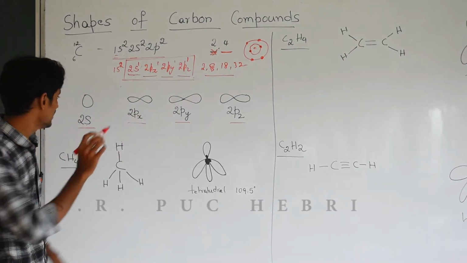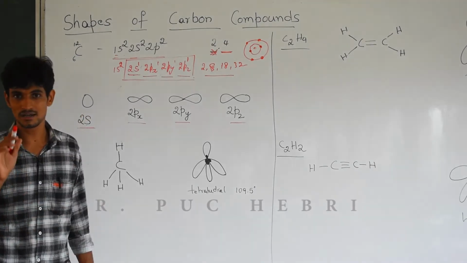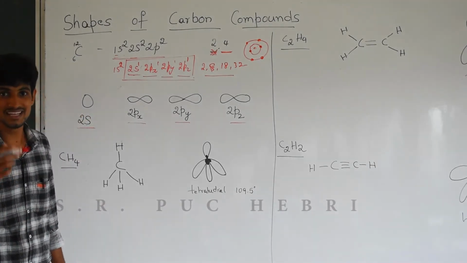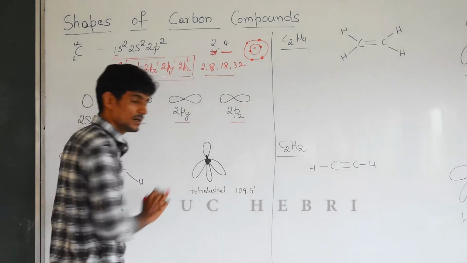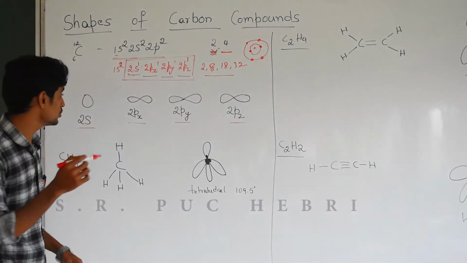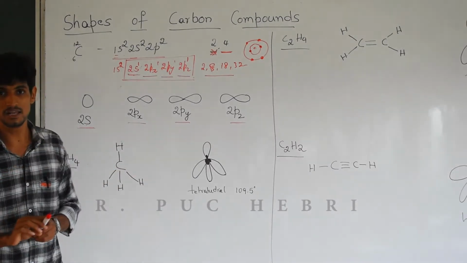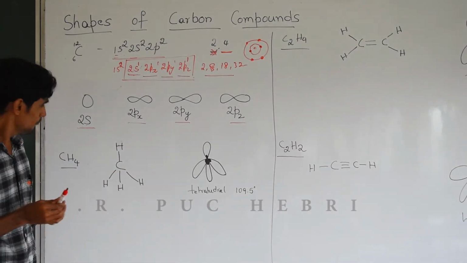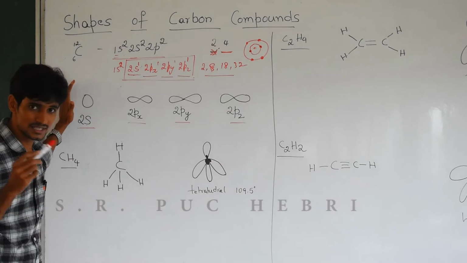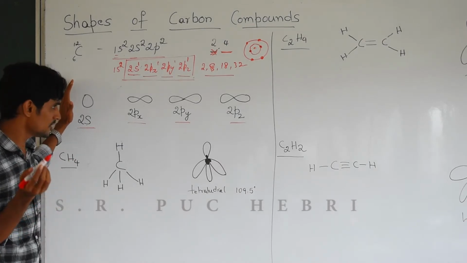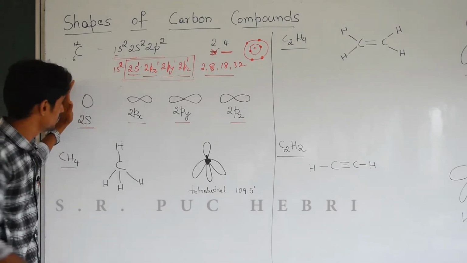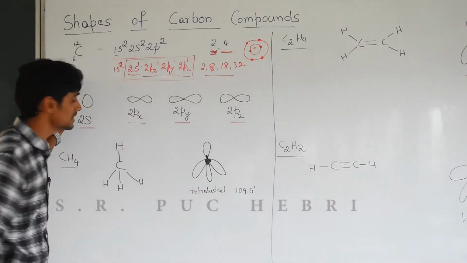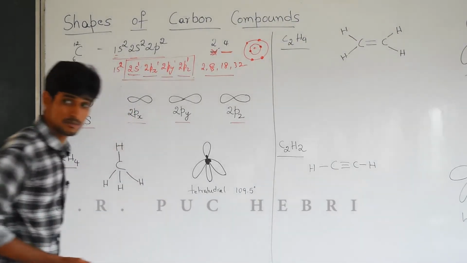We know that the outermost electrons are the reason for the bonding of any element. So the electrons present in these orbitals are going to combine with any other element. Here the 2s is spherical in shape and all these are dumbbell shaped.